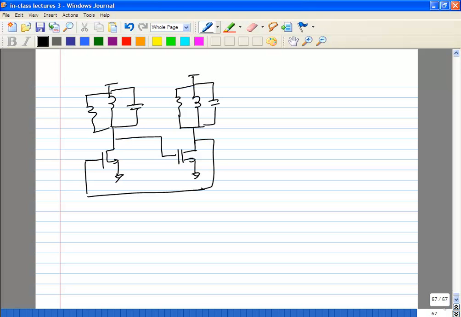And of course, the loop gain at resonance is defined purely by Gm times Rp, whole squared, if they are identical, at omega naught equals 1 over root LC again.